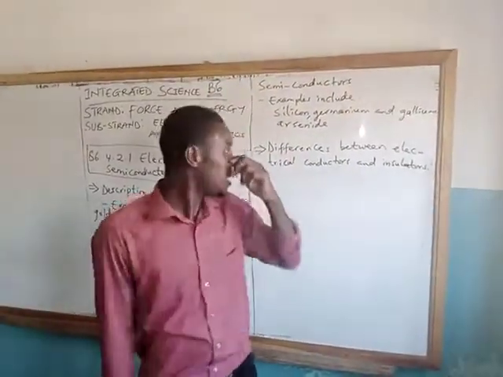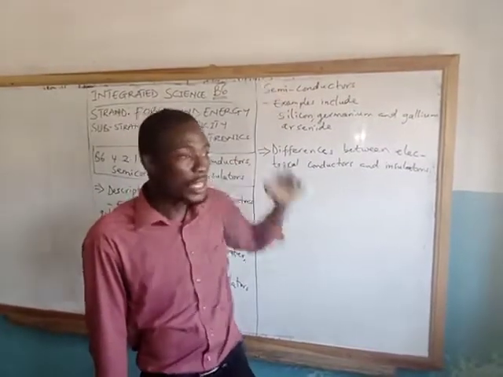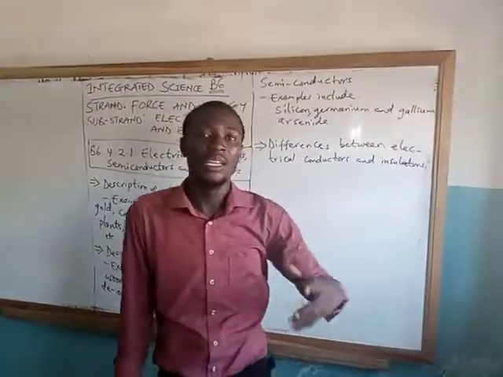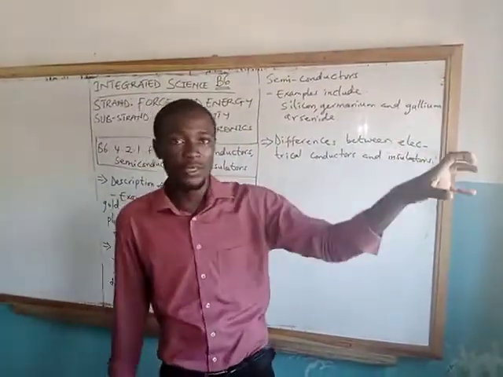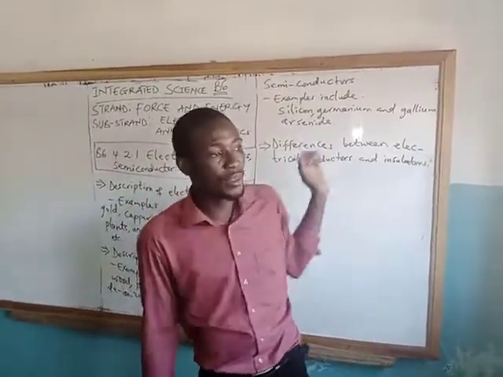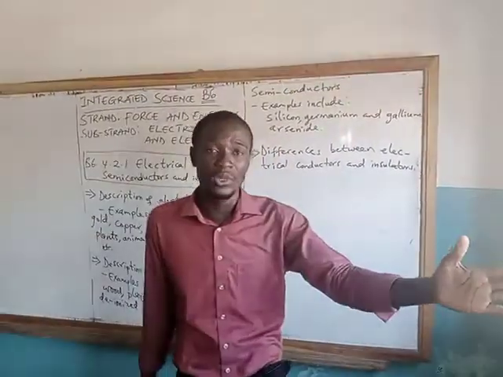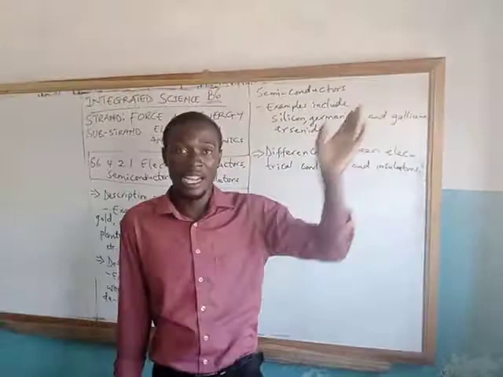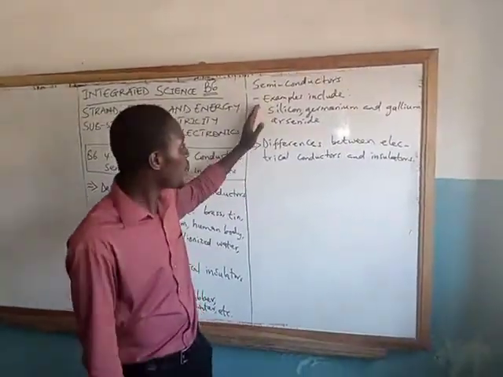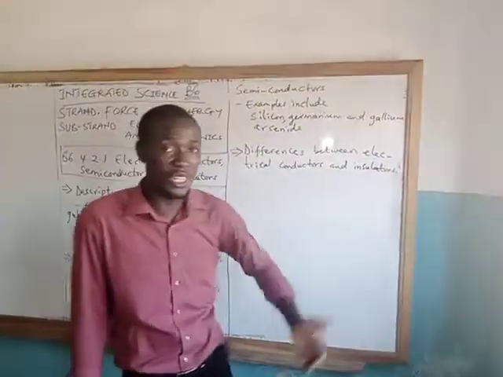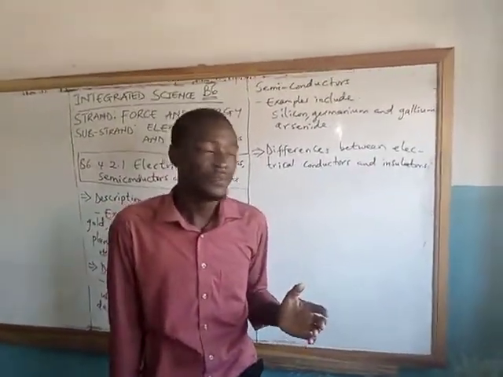We can only get this to conduct as a conductor if we connect it to an electric source. That is, if we dope it, we have a term called doping. If we bring in more charges, then these charges will be able to break through that barrier and have their easy way out. In the same way, if you also increase the temperature of the semiconductor, you can break the barrier as well.